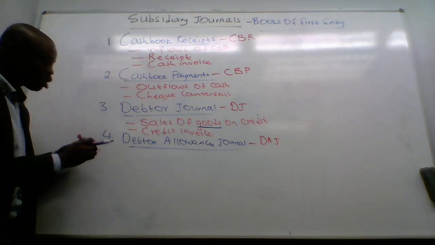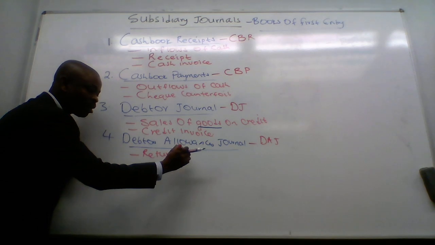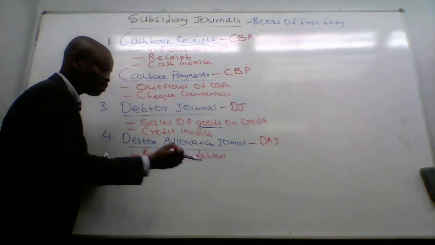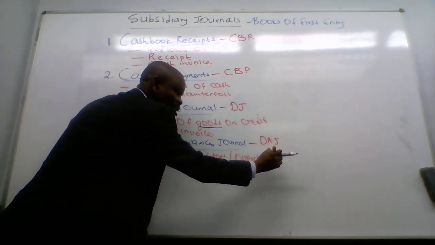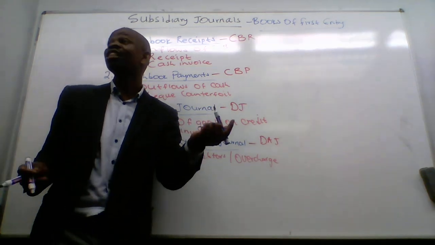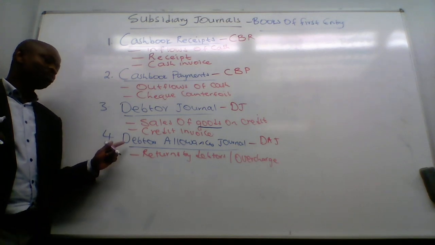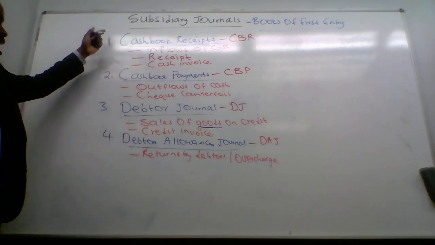Meaning here we record all the returns by debtors. Sometimes if we overcharge them, we come and record here. Maybe sometimes you overcast or undercast. You know, sometimes you make mistakes. So we need to make sure that we come here. So can you see, so far I've got 4 of them.